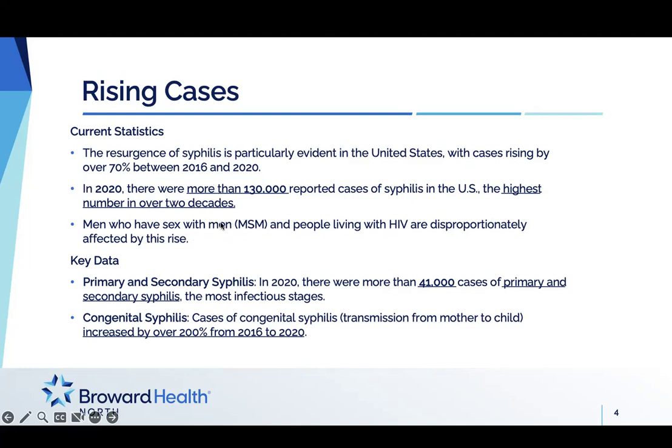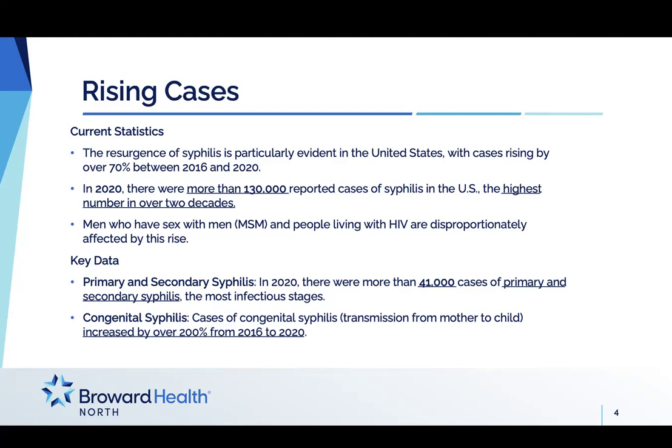In 2020, the studies demonstrated that there were more than 130,000 reported cases of syphilis in the US, and that's the highest number in 2 decades. Usually, the populations that are disproportionately affected are men who have sex with men and people living with HIV.